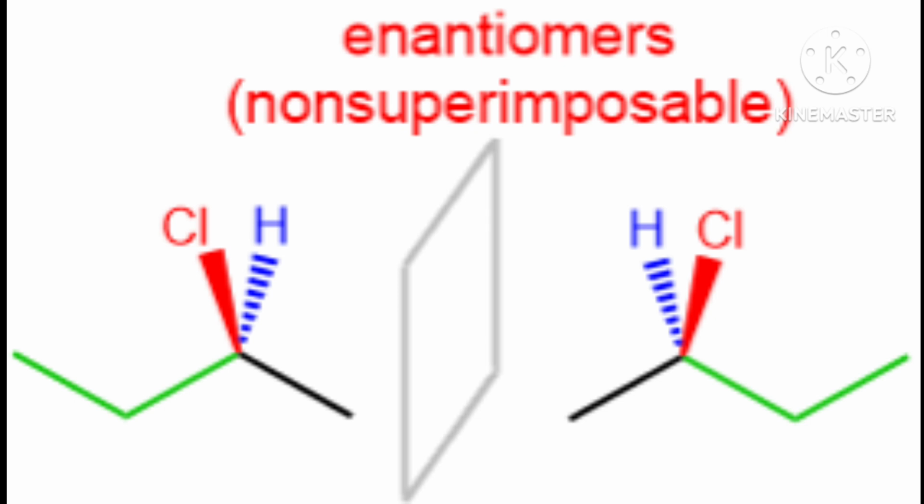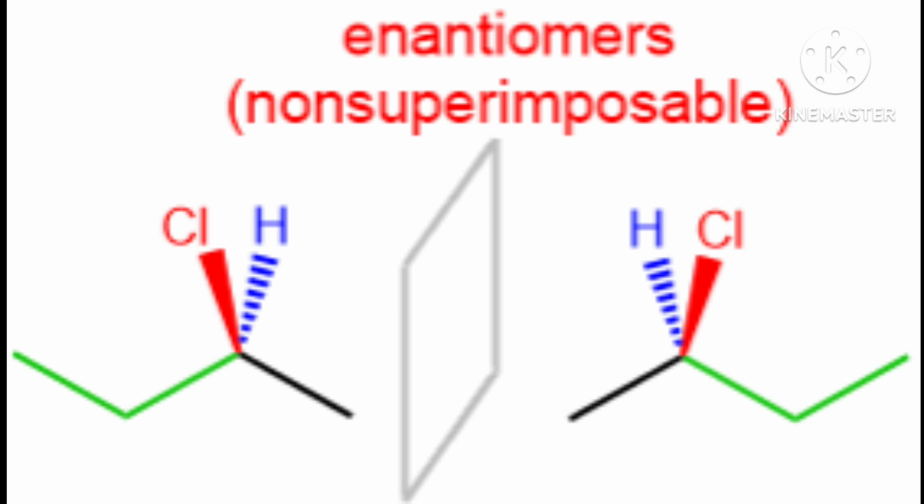Now if you see this molecule in a mirror, what will you find? Suppose in this propanol, both methyl groups are at the backside.